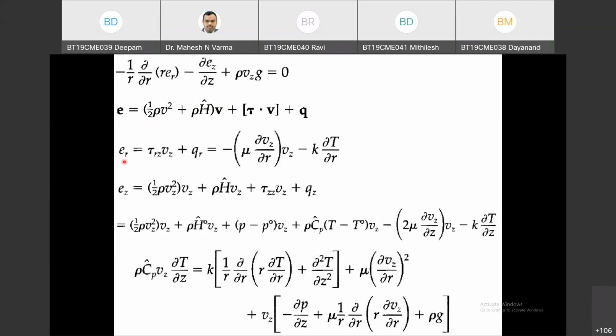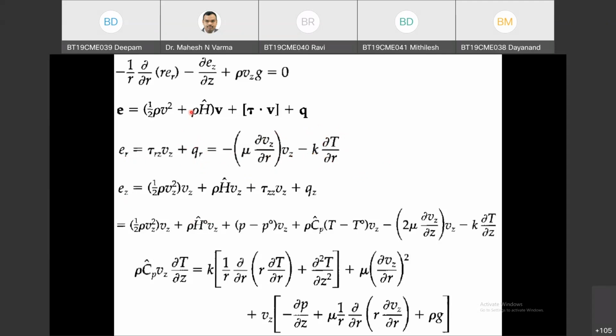Tau Rz I can get from Newton's law of viscosity, minus mu dVz by dr into Vz, and this QR I can get from Fourier law of heat conduction. This is conductive heat transfer, minus k dT by dr. This is clear. ER equals this.